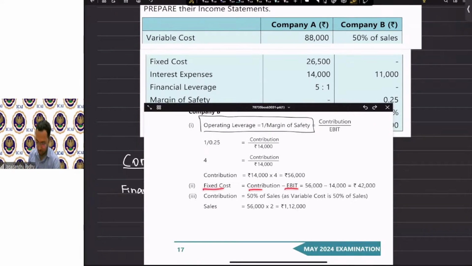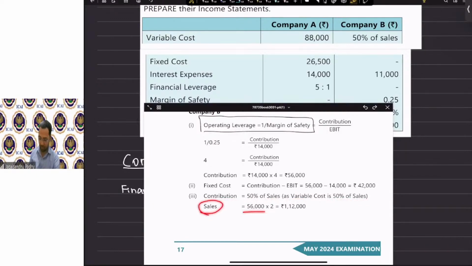Fixed cost is contribution minus EBIT, 56,000 minus 14,000, which is 42,000. Contribution will be 50% of sales, as variable cost is 50% of sales.